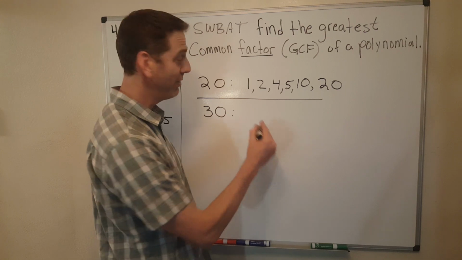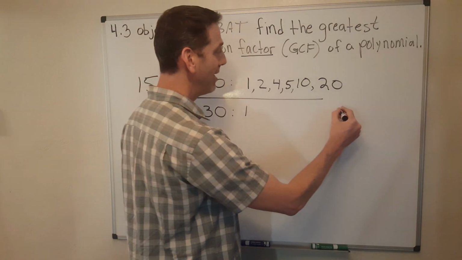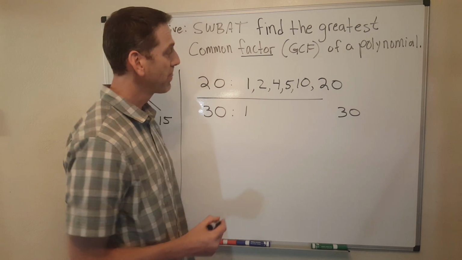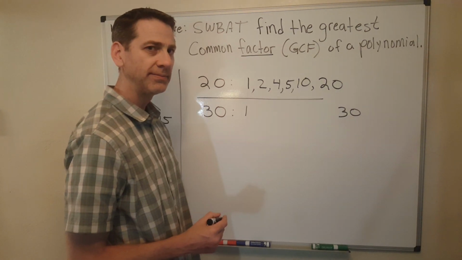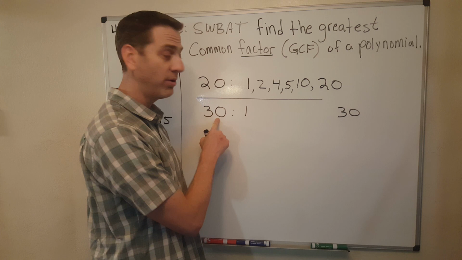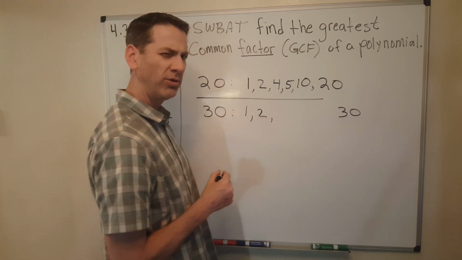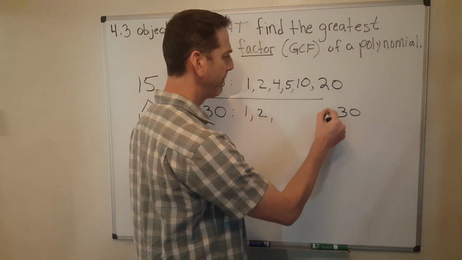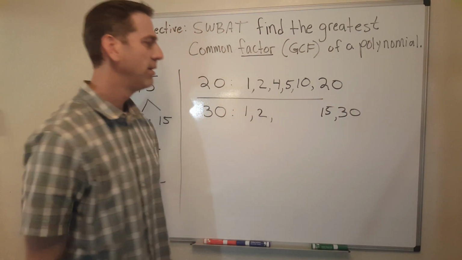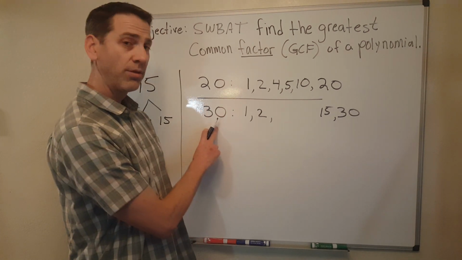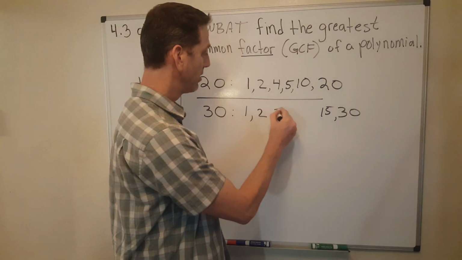Well, the easy one, we know 1 and 30 are factors of 30. Can you think of any other factors? Well, that's an even number, so I know that 2 will divide into 30 evenly. So we want 2 times 15. There are some more factors. How about 3? 3 times 10 is 30.